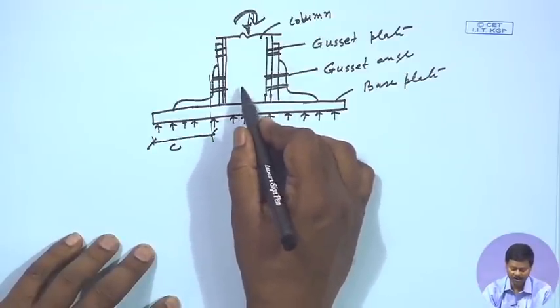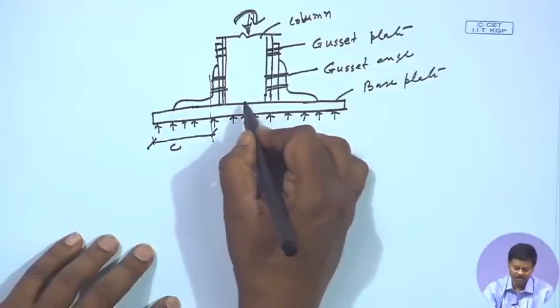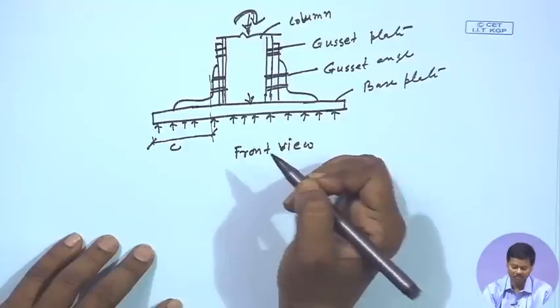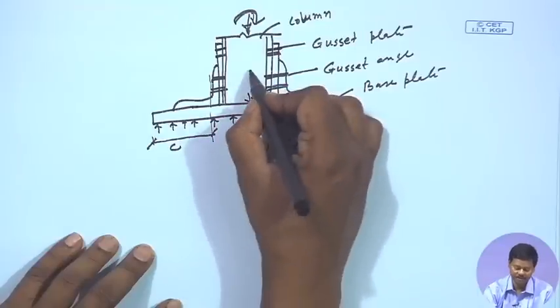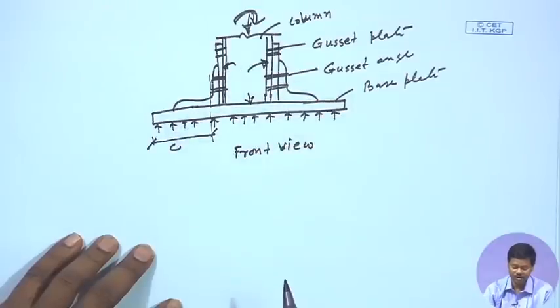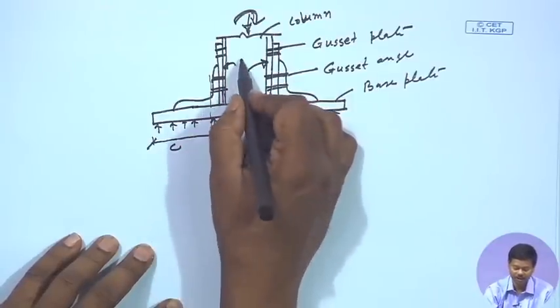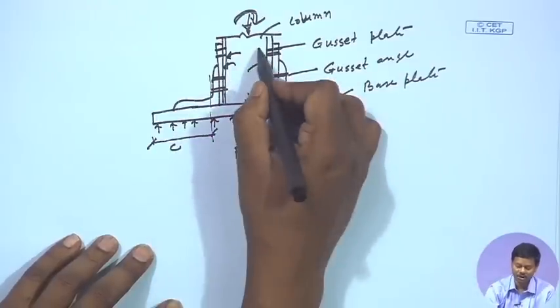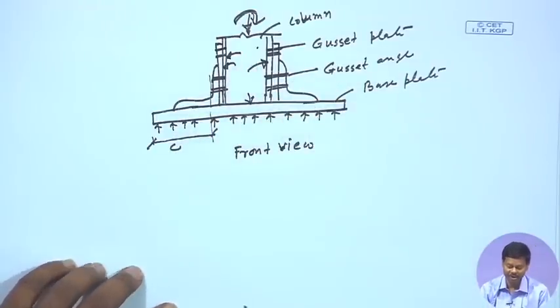If it is facing complete bearing, then generally 50% of the load is transferred to the base plate directly, and 50% of the load is transferred through the gusset plate, and if it is not complete bearing, then we assume that the whole load is transferred through the gusset plate. So, this is how we are going to design.